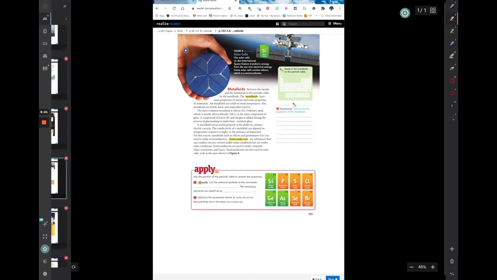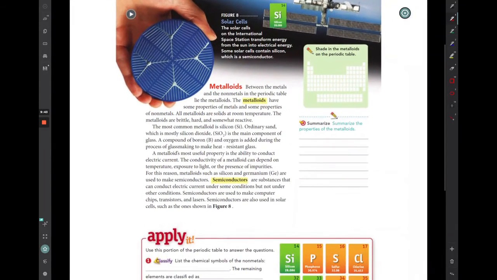And for the metalloids, these are those elements that exist in the green on your periodic table that we've been looking at in your book, a shaded yellowish green color. So the metalloids have some properties of metals and some properties of nonmetals.